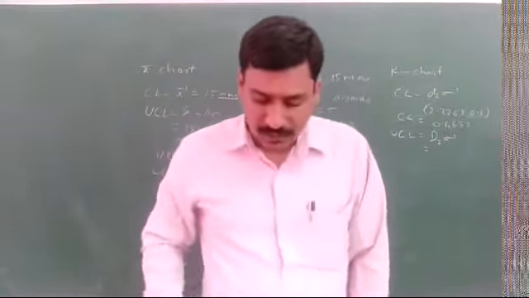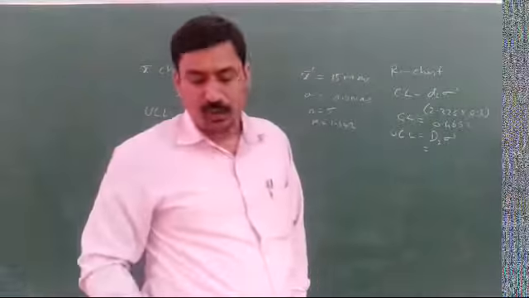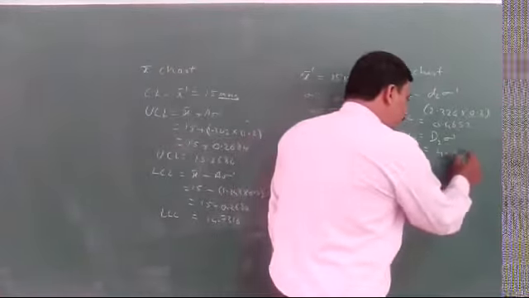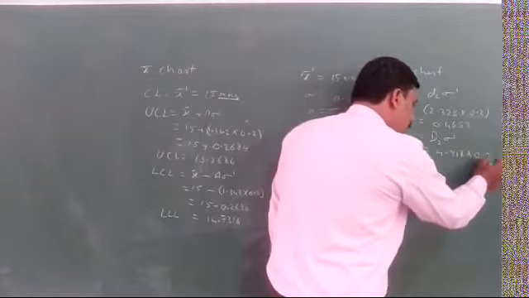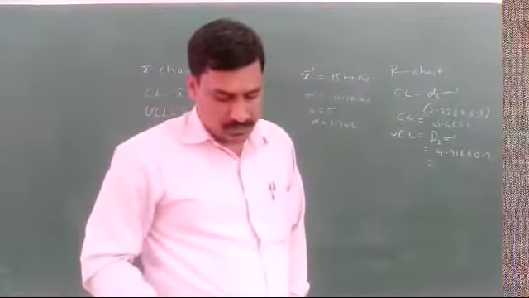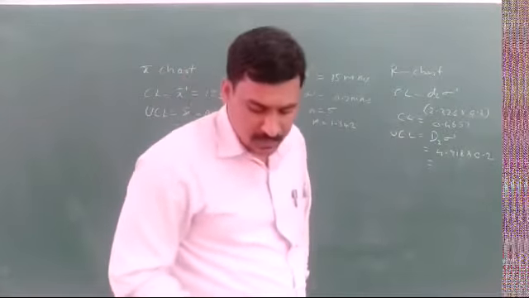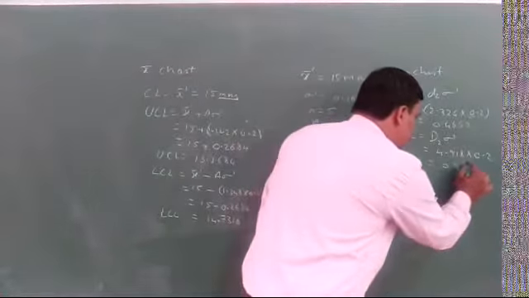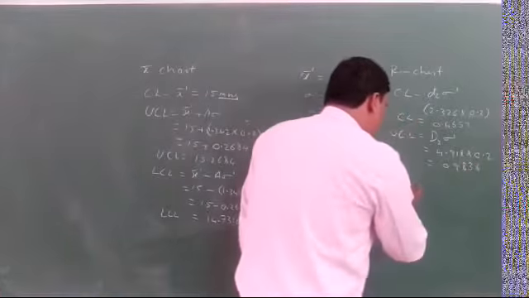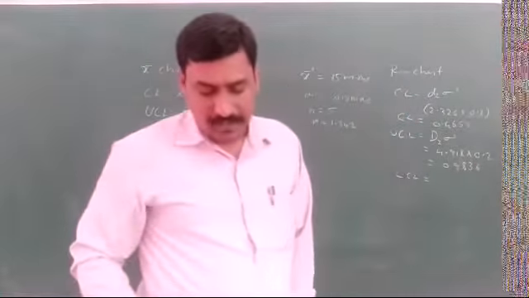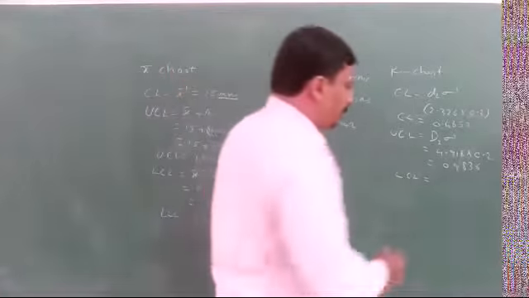For sample size 5, the D2 value is 4.918, into sigma dash 0.2. So the upper control limit is 4.918 into 0.2, that is 0.9836. Then the lower control limit is D1 sigma dash.